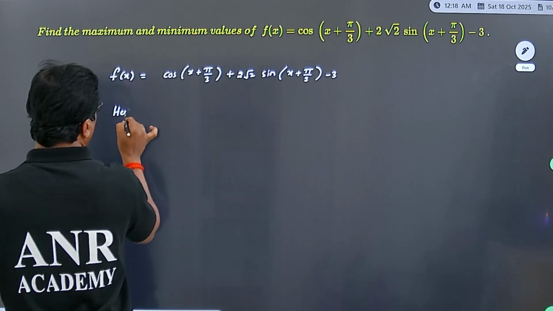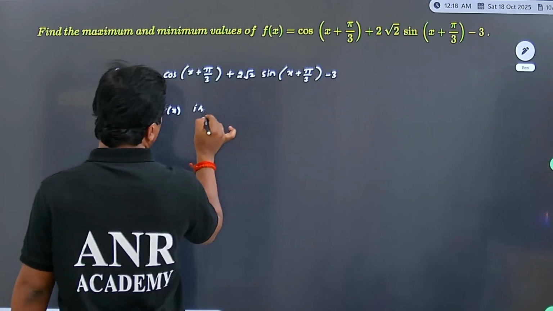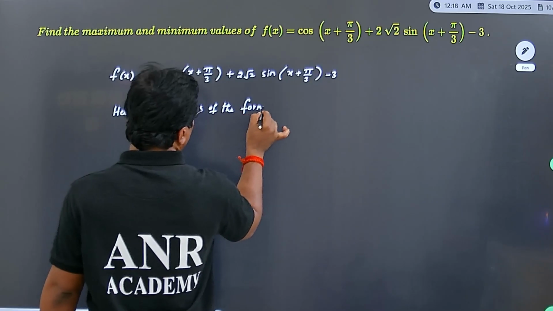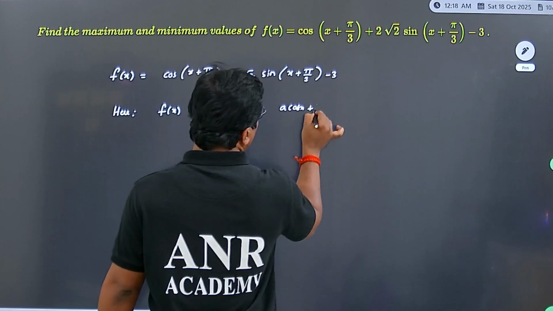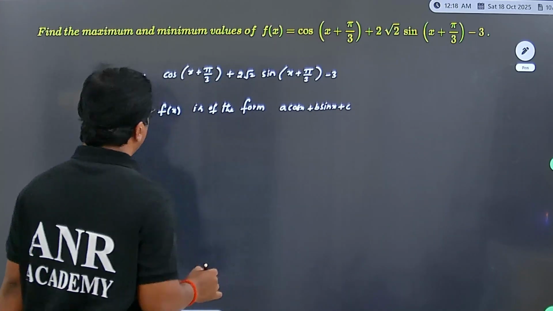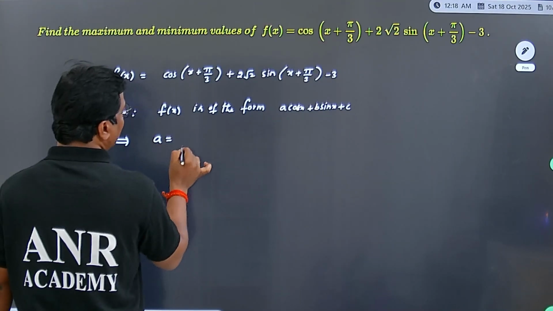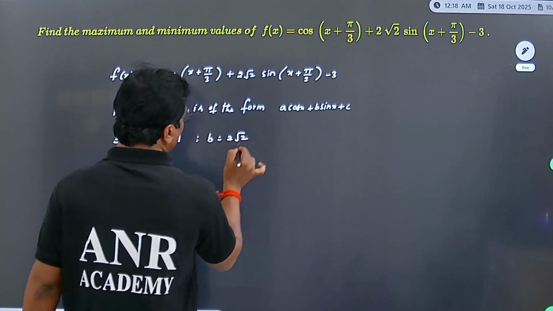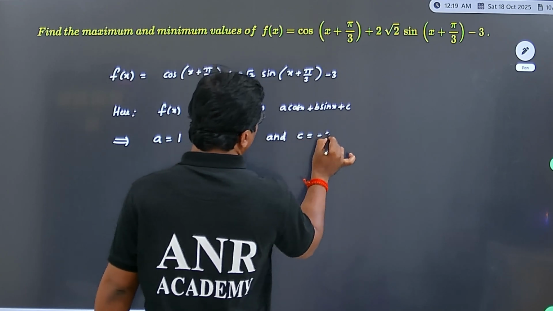Here f of x is of the form a cos x plus b sin x plus c. You can write the value of a as coefficient of cos x, 1, the value of b here 2 root 2, and the value of c, that is minus 3.